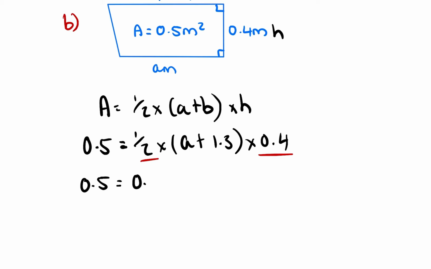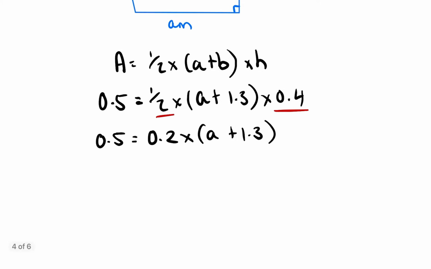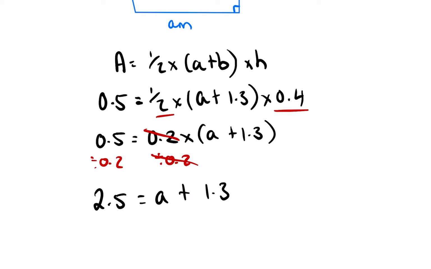Now I've got 0.2 times my A plus 1.3. So now we can do our solving. Here I can get rid of this 0.2 by dividing by it, so that cancels out again, and 0.5 divided by 0.2 gives me 2.5. So that equals A plus 1.3.